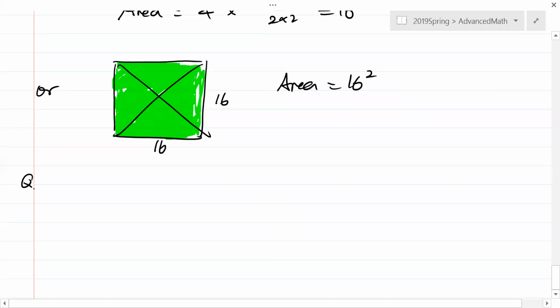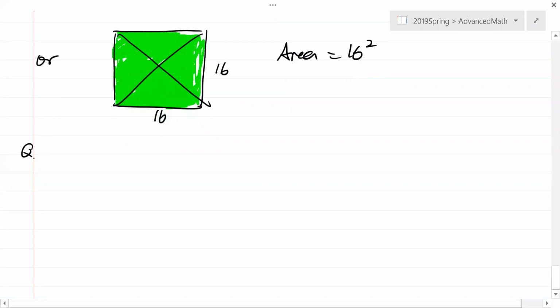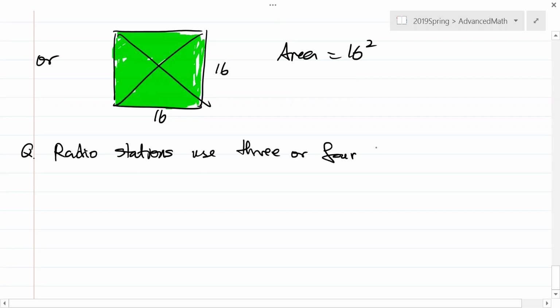All right, this is the counting problems. A radio station uses 3 or 4 letters for their call letters.